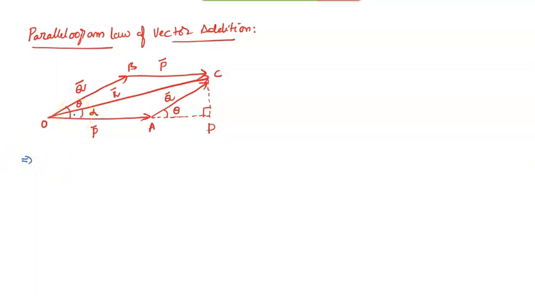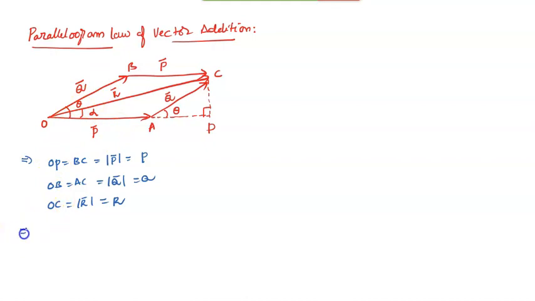Before going to that, from the diagram, OP is equal to BC, that is equal to the magnitude of the vector P bar, that is P, and OB is equal to AC, which is equal to the magnitude of the vector Q bar, that is Q, and OC is equal to the magnitude of the vector R bar, that is R. This R value we have to calculate, that is the magnitude of the resultant of these two vectors P bar and Q bar.